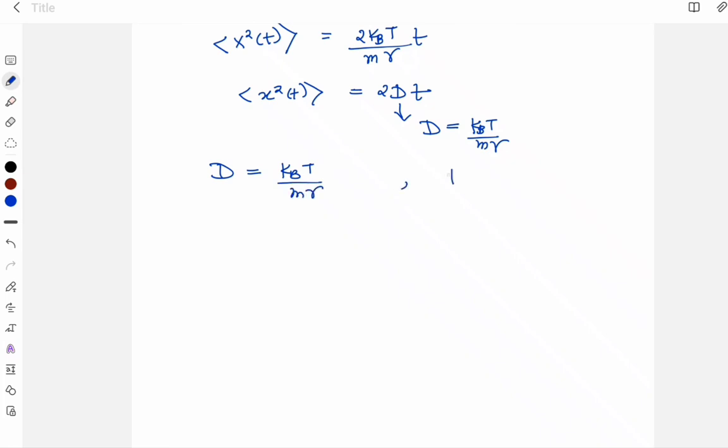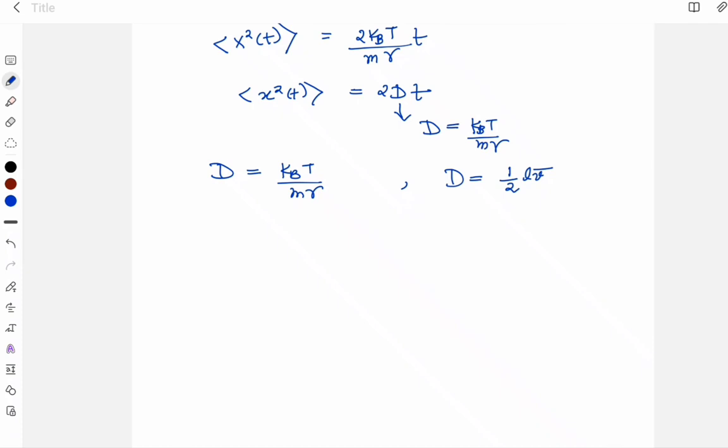If you remember, the diffusion coefficient for the diffusion of molecules, of the order of atomic size, was 1 over 2 L v̄, where L is the mean free path and v̄ is the average velocity of the molecules.